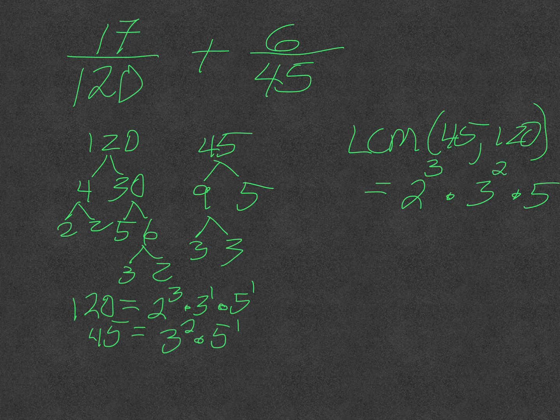And then we have 5 to the first and 5 to the first, which is 5 to the first. So our least common multiple is 8 times 9 times 5, or 360. And we can now add these fractions.